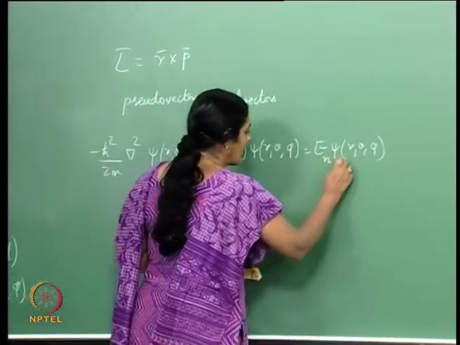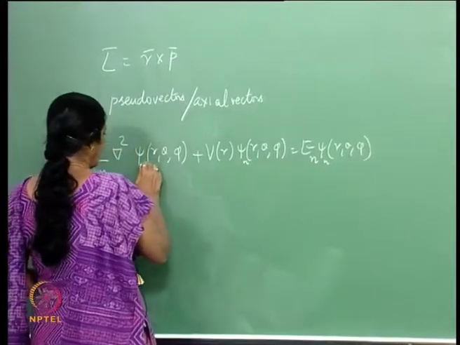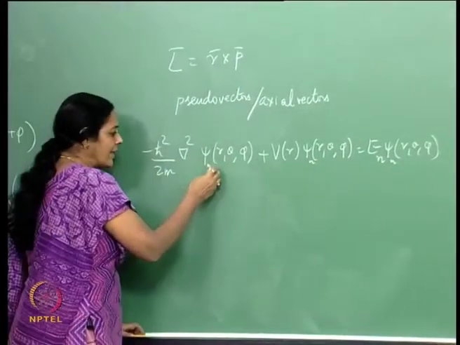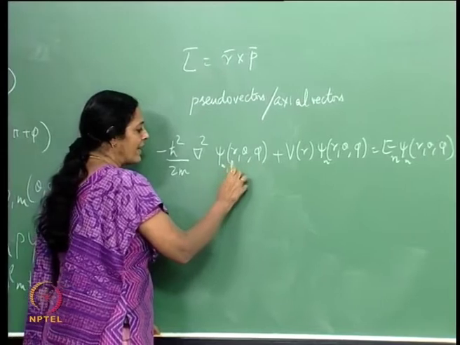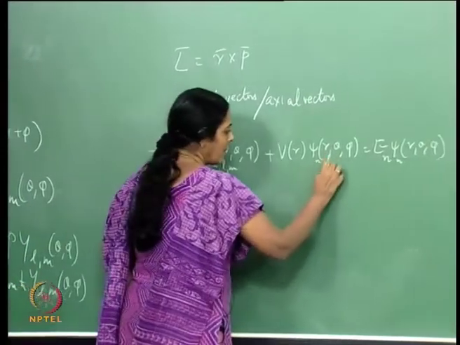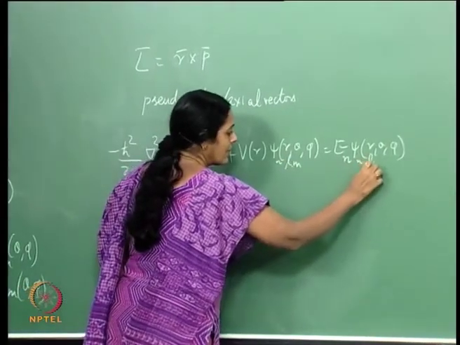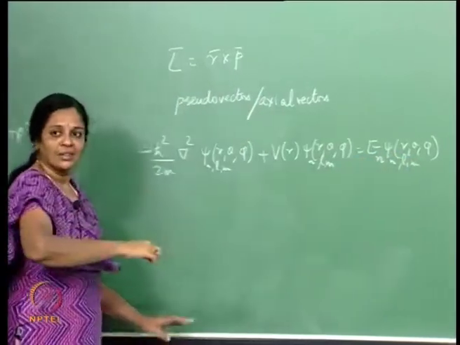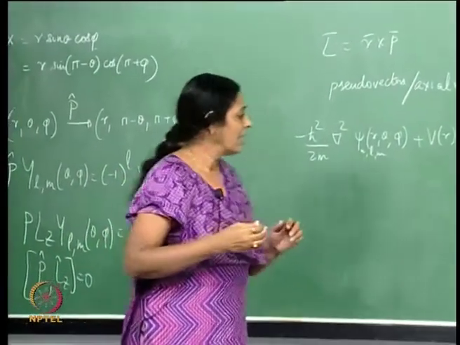So in fact you will have psi_n here. Not just psi_n, you would have psi_nlm, because already we have the angular part of the wave function providing us with two quantum numbers l and m.